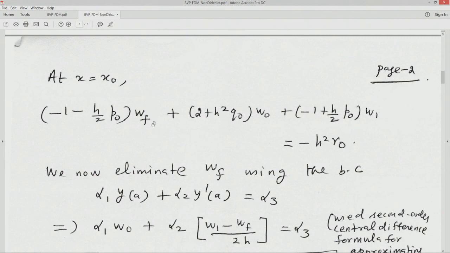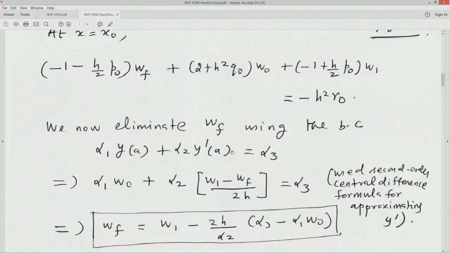This involves WF. Do I know WF? Yes, the first boundary condition which is prescribed at the left end point A will help me to find out what WF is. Let us see how it is obtained.